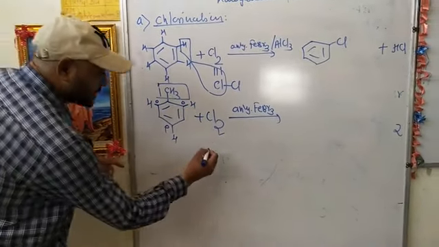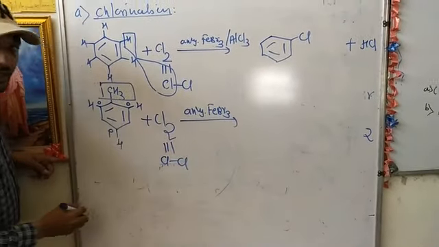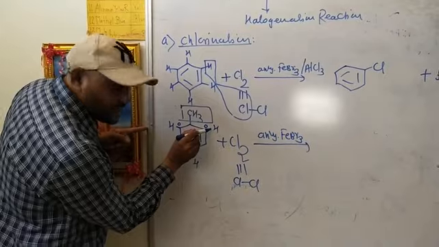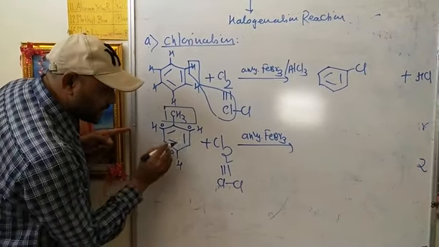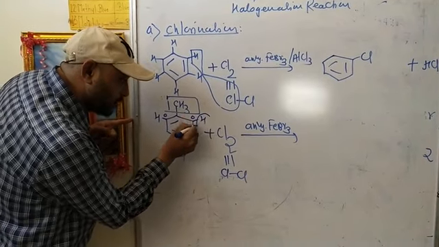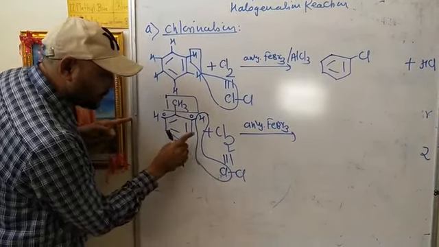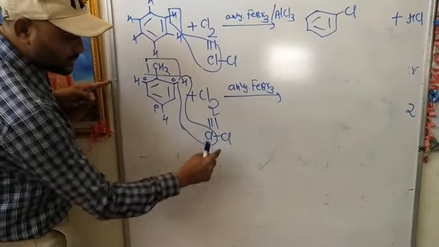So we can replace the hydrogen from ortho. First, Cl single bond Cl. Look, this is ortho and para director. That's why we are replacing the hydrogen from the ortho position and para position. First, replacing from the ortho position, hydrogen is combined with this chlorine forming HCl, and this hydrogen is replaced by this chlorine.